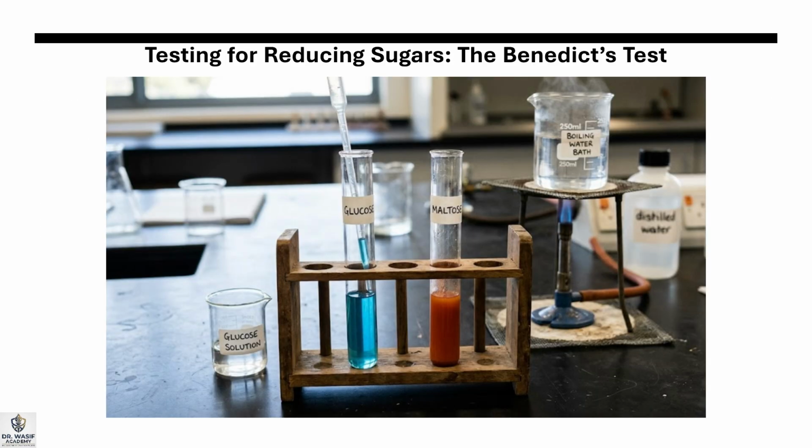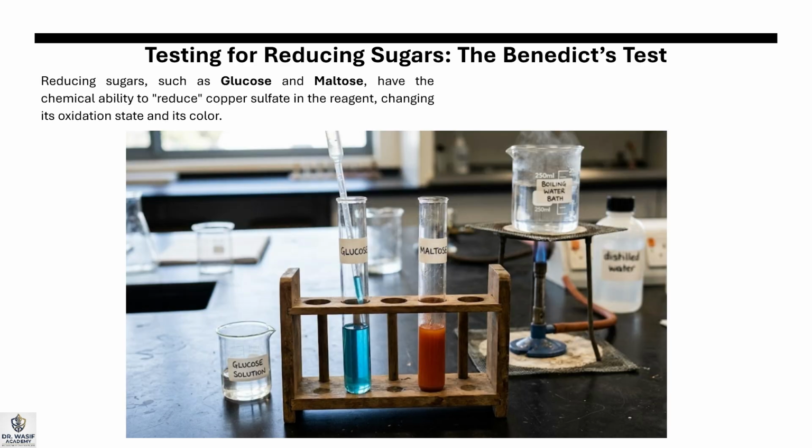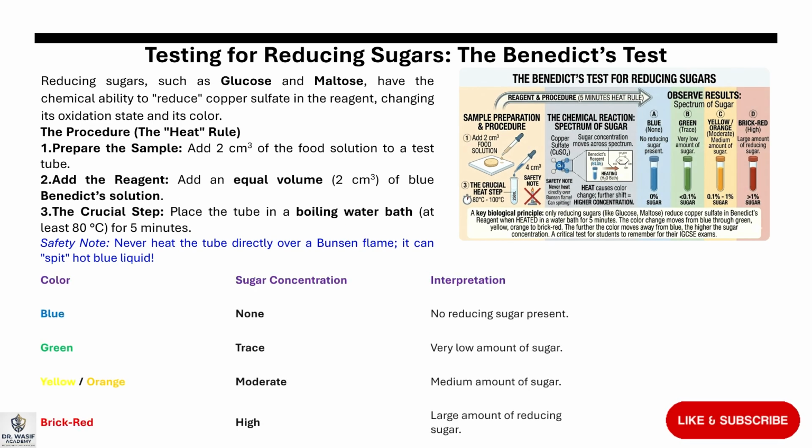Next, we are testing for reducing sugars like glucose and maltose. These sugars have a special chemical superpower. They can reduce the copper sulfate in our reagent, changing its oxidation state and, more importantly, its color. The procedure for this test has one rule which you cannot forget, that is the heat rule.